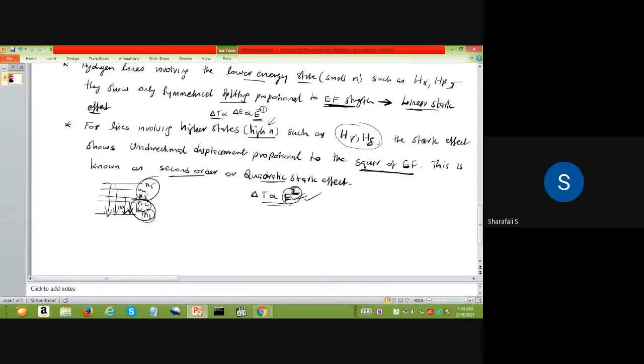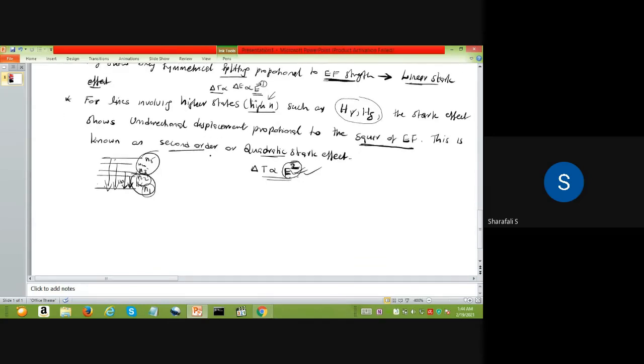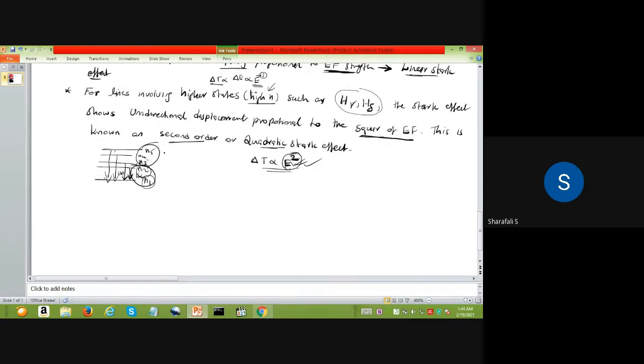And the first order Stark effect is restricted to the hydrogen-like atom, and occurs only in fields which are large enough for the fine structure to become negligible. In other atoms it shows second order, which is generally very small.